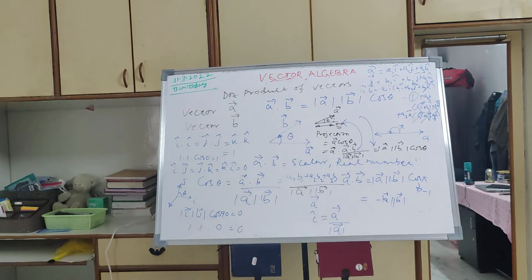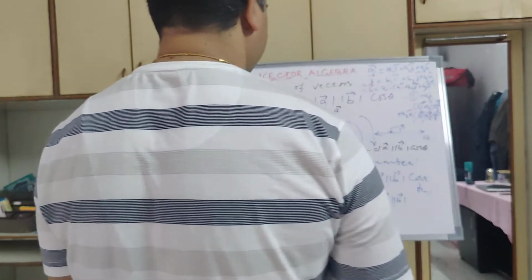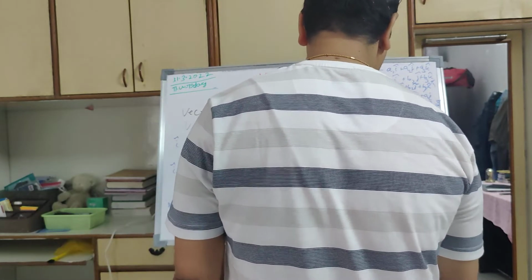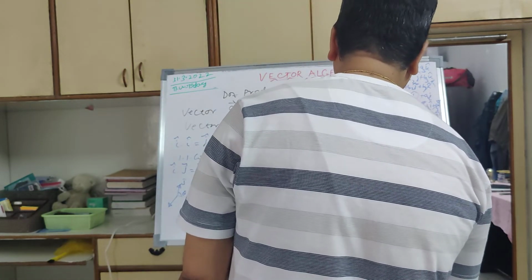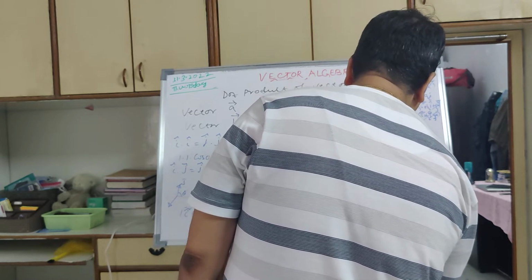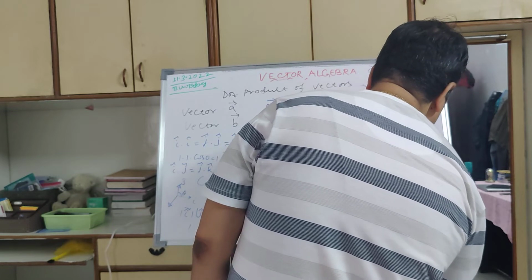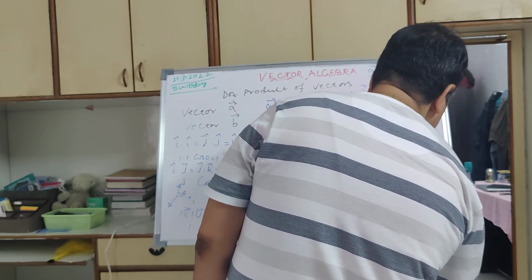Let us try it this way. Projection we want to find. We know A dot B is equal to magnitude of A, magnitude of B cos theta.